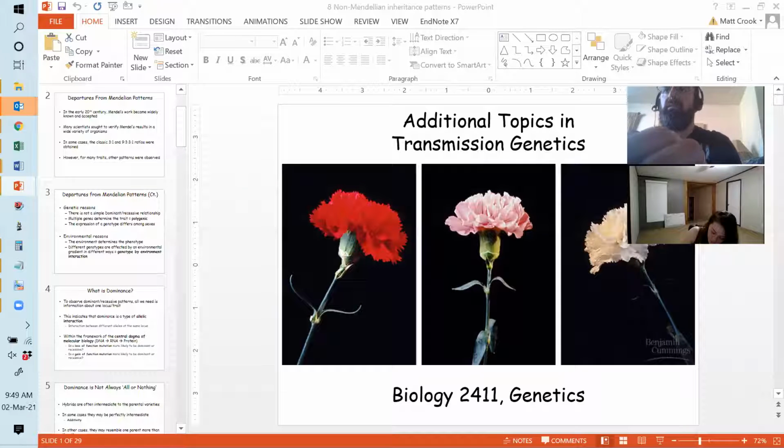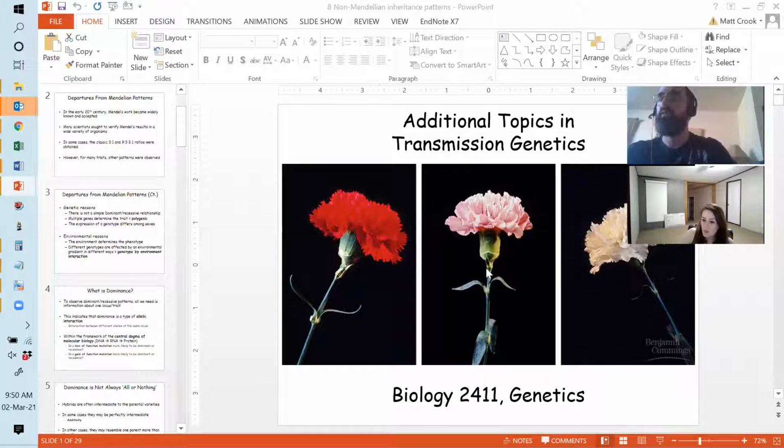And second thing, in a monohybrid cross, the F2 generation is a 1:2:1 phenotype ratio.